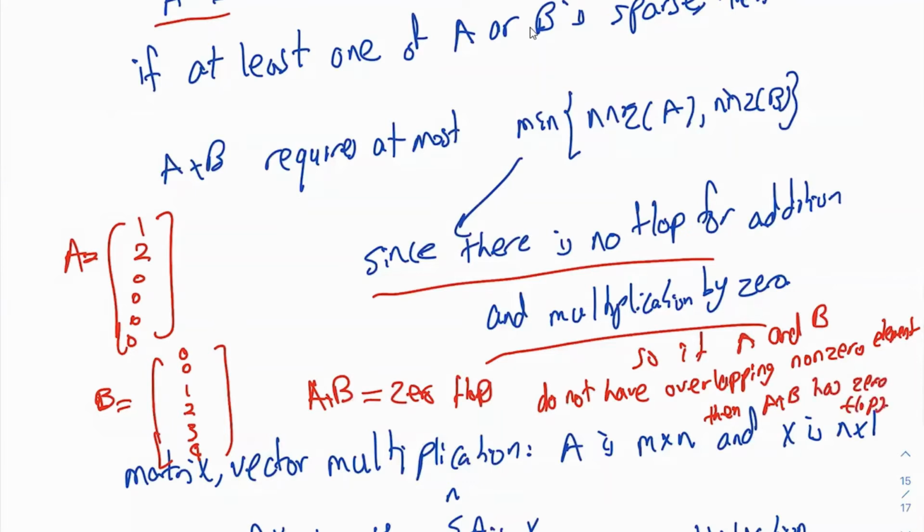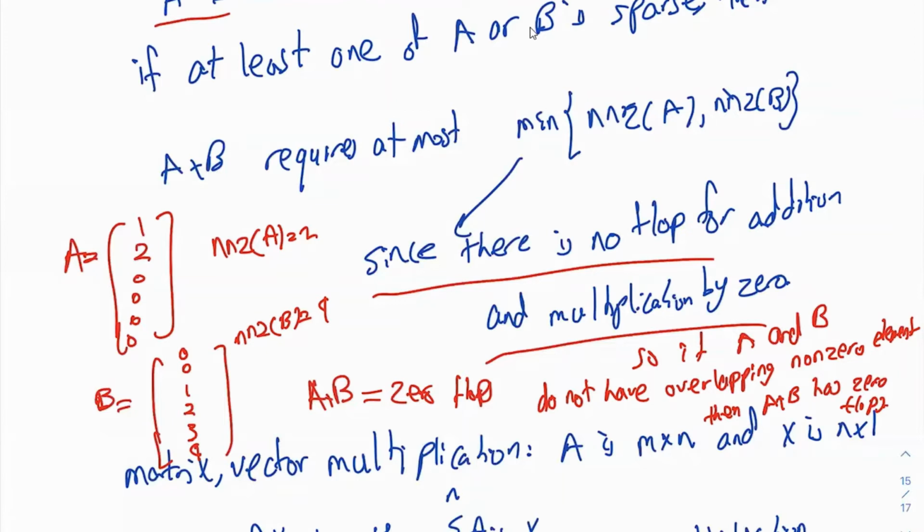And that's why it's at most equal to that. And then at most is equal to the minimum number of non-zero elements of A and number of non-zero elements of B. So for example, here it would be maximum equal to what? The number of non-zero elements of A is 2 here, and then of B is 4. So A plus B has at most 2 flops. And if they don't have overlapping non-zero elements, then it has zero flops.